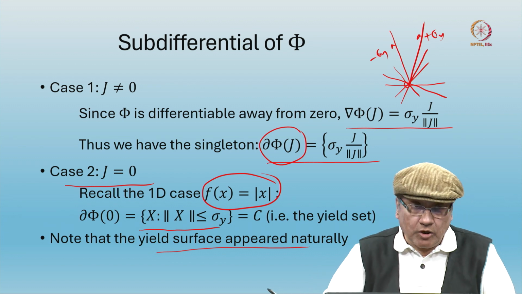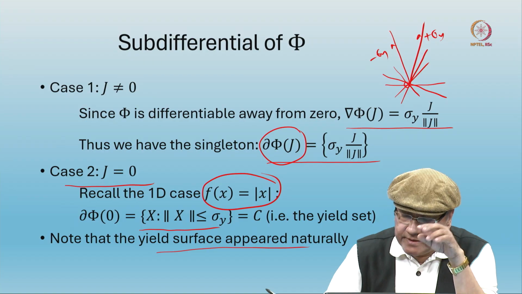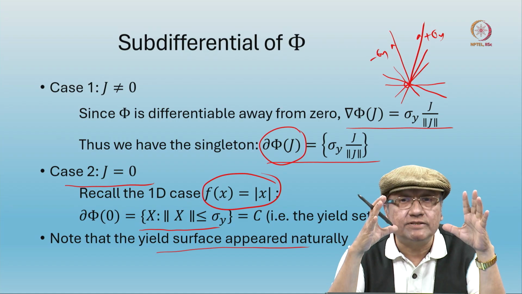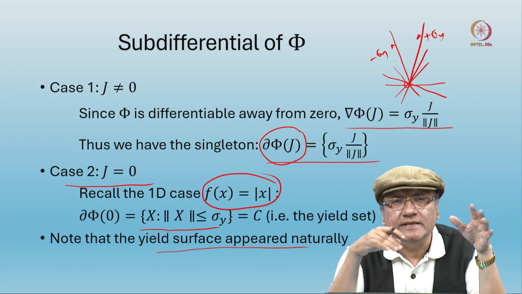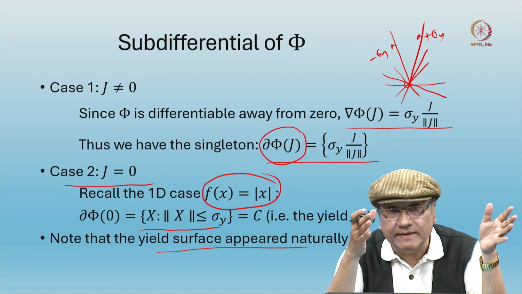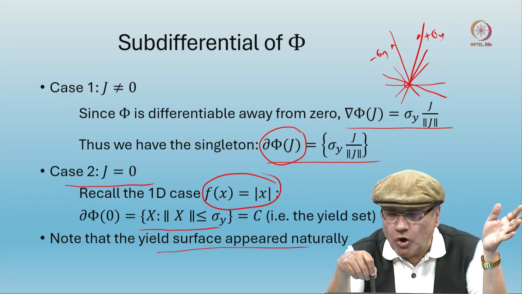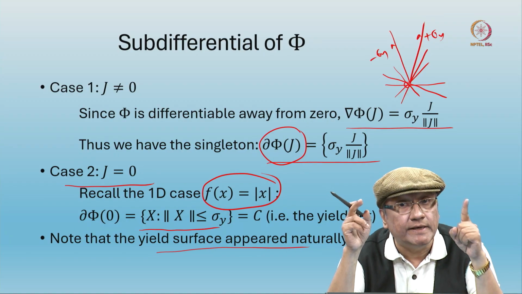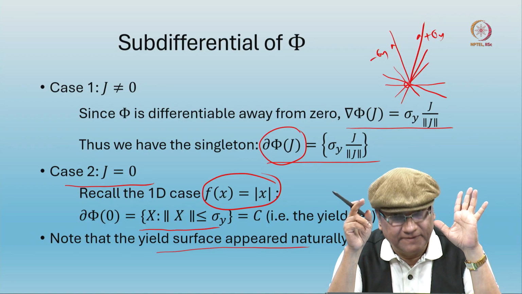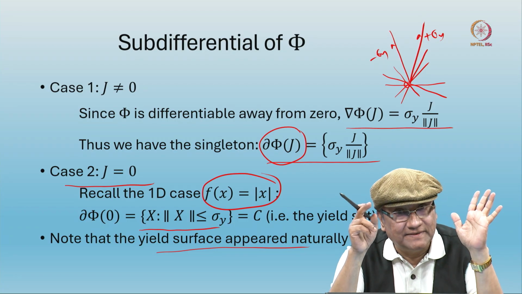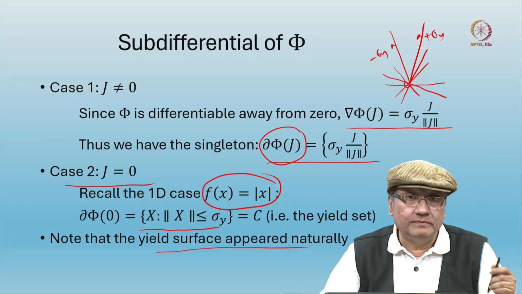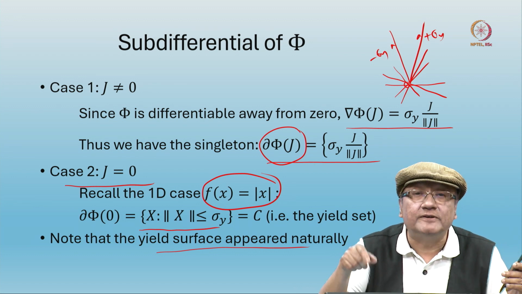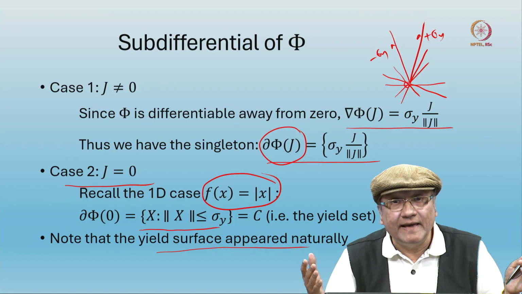Also recall that this notion of the yield set, consisting of so many stresses, is intertwined with the non-differentiability of the dissipation potential at j equals 0. That is the most important thing. Nobody can produce a perfectly differentiable smooth dissipation potential and get the yield set.